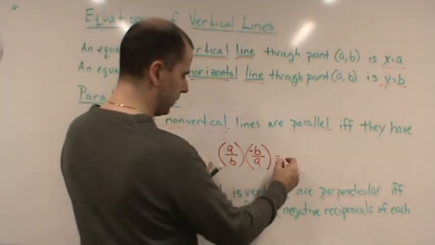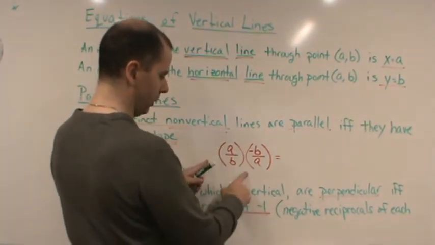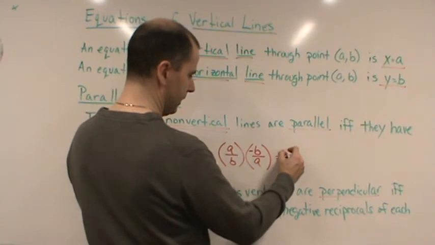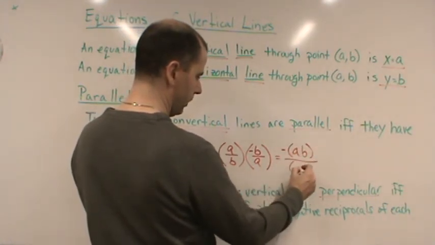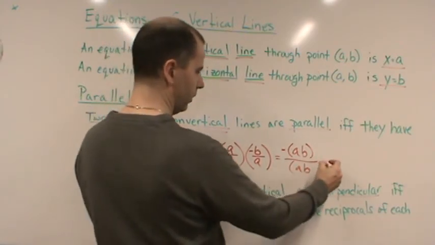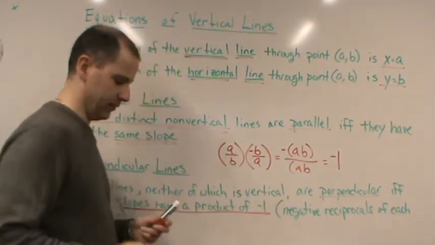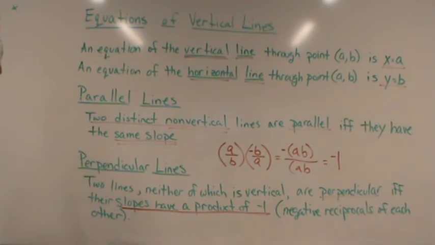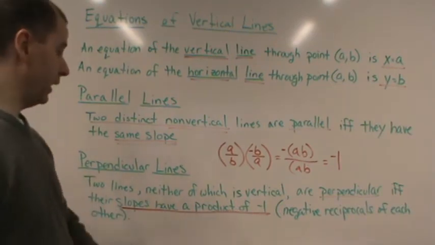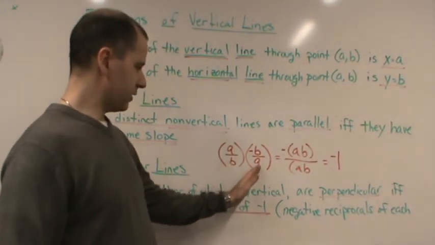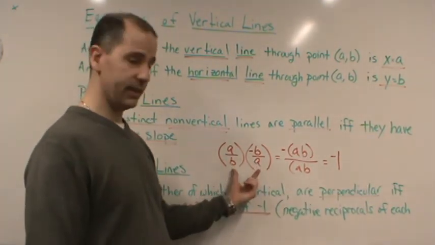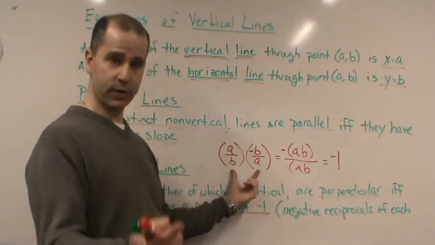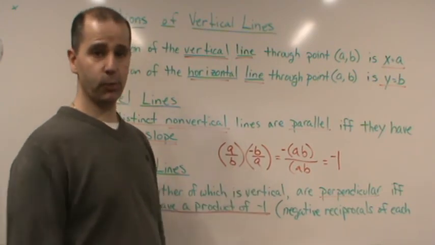If we multiply these two slopes, we get negative ab over ab, which gives us -1. That's what we're testing. If we multiply the slopes and get -1, then they're perpendicular, or if the two slopes are negative reciprocals of each other, they're also perpendicular.